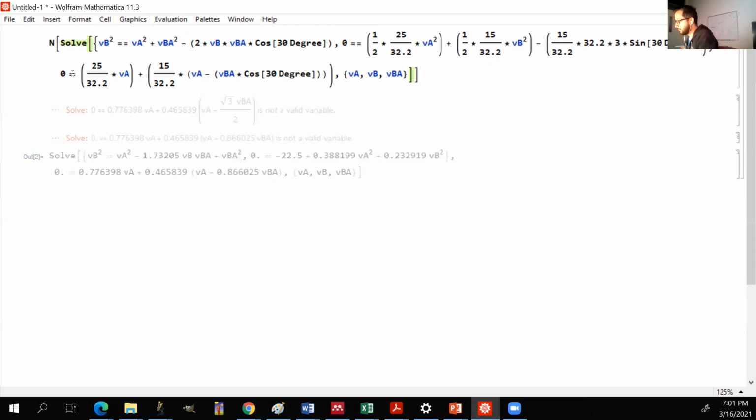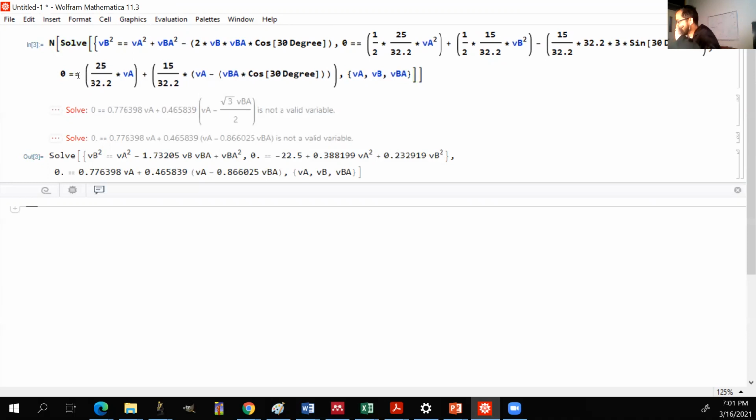Equal to, equal to. Oh, what's going on? It's trying to solve it.